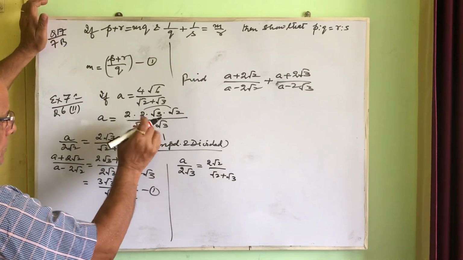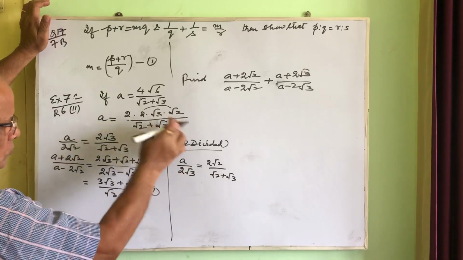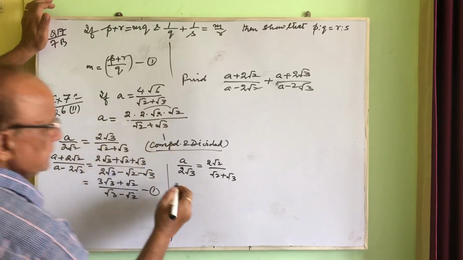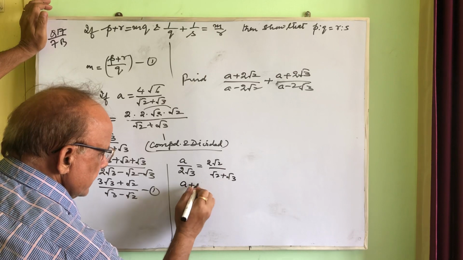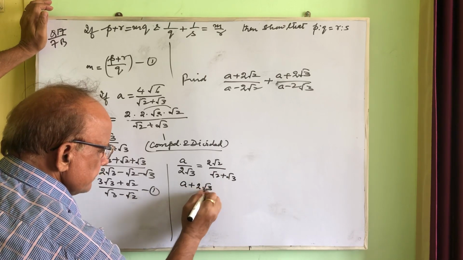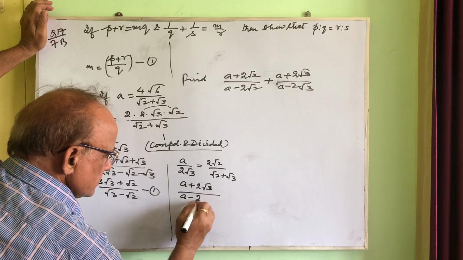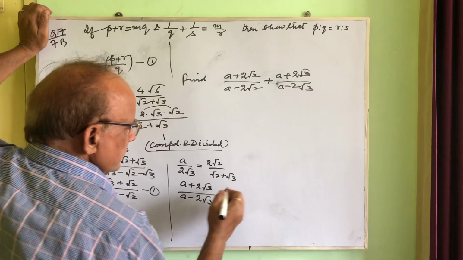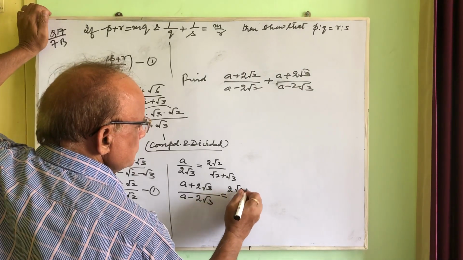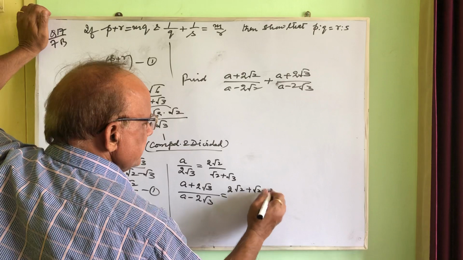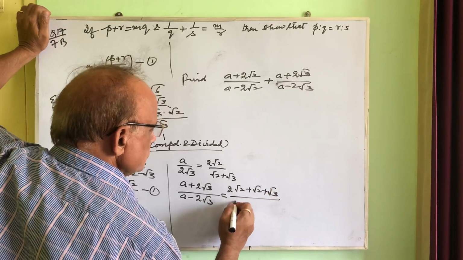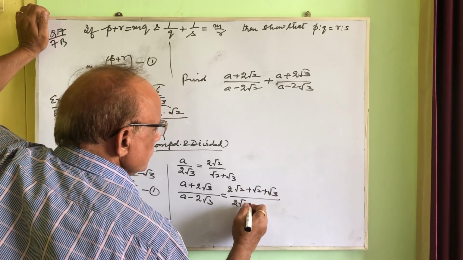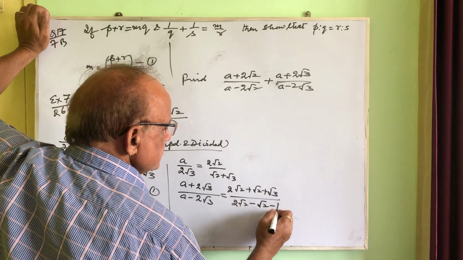I have taken 2 root 3 below a, then 2 root 2 by root 2 plus root 3. Now apply componendo and dividendo. a plus 2 root 3 by a minus 2 root 3 is equal to 2 root 2 plus root 2 plus root 3 by 2 root 2 minus root 2 minus root 3.